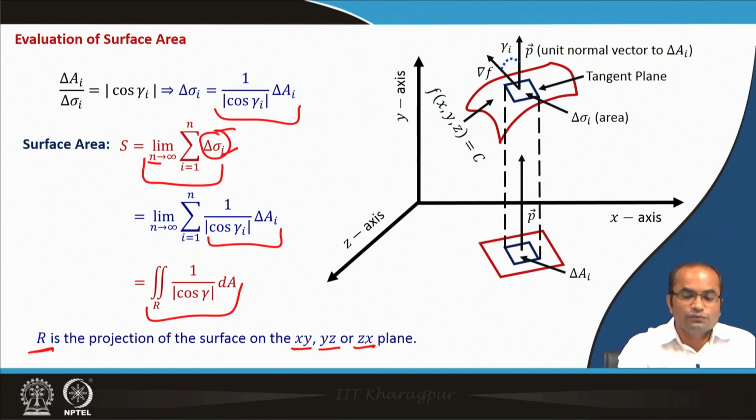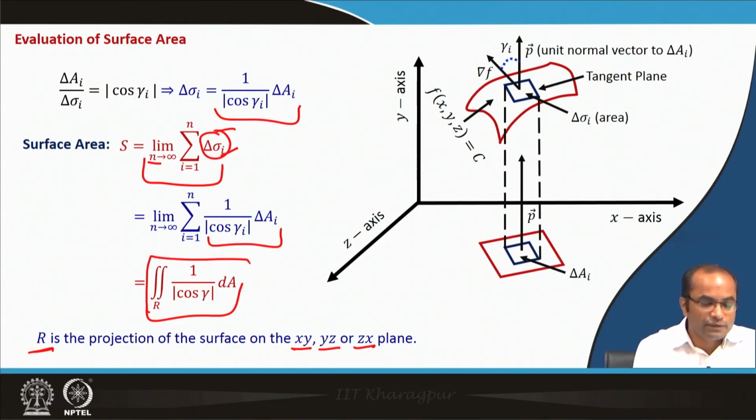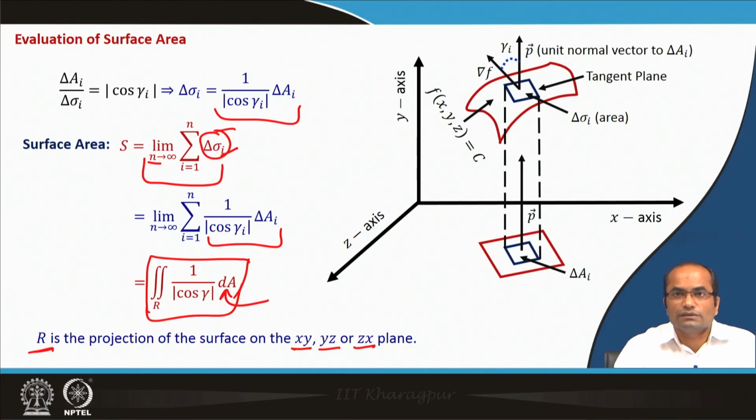So, as I said, we will have a surface, we project it onto whichever coordinate plane is convenient, and then the surface area can be evaluated by this double integral.